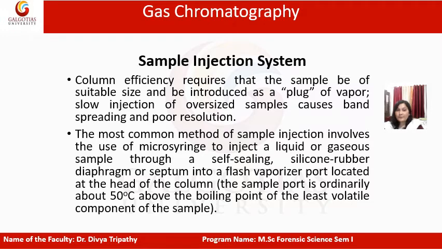So the least volatile substance here will be F. So the temperature of the port should be 60 plus 50, which is equal to 110 degrees centigrade. Otherwise, component F will not be vaporized and will not be separated through the gas chromatography column.